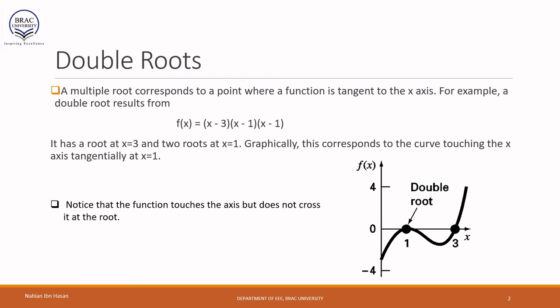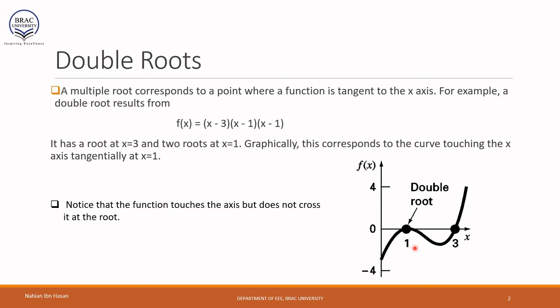So let's look at our first scenario where we might have two similar roots. Look at this function f of x equal to x minus 3 multiplied by x minus 1 multiplied by x minus 1. So it is very prominent that there are two similar roots at x equal to 1. That means at x equal to 1 there will be two roots.